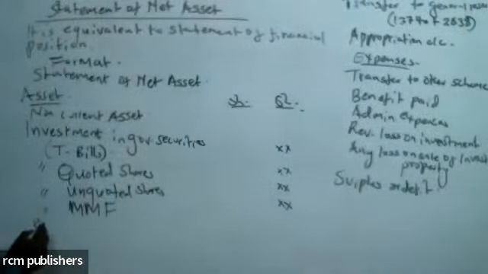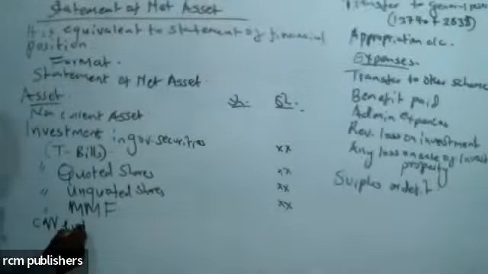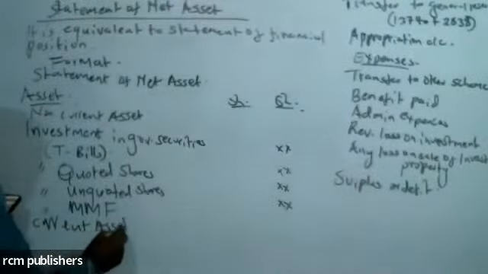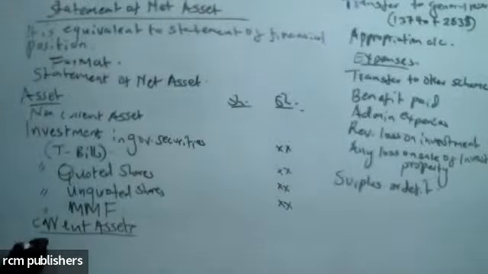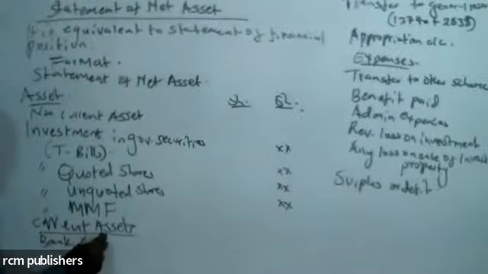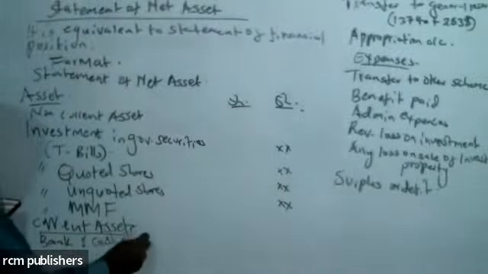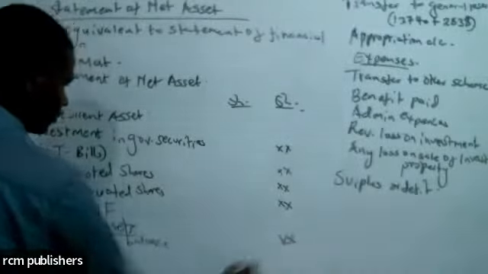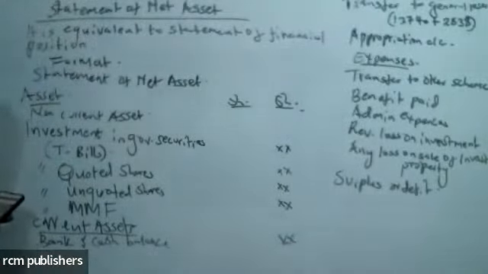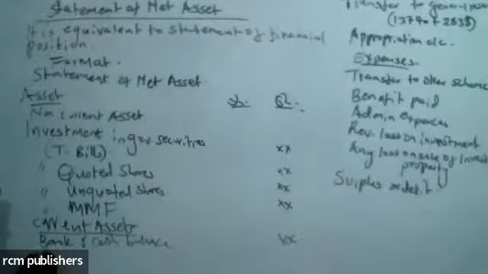Then we have current assets. Under current assets, we have bank and cash balances. Then we have contributions due and receivables.